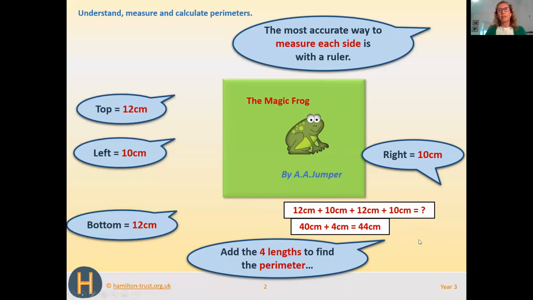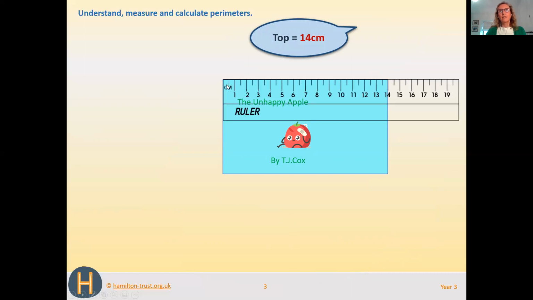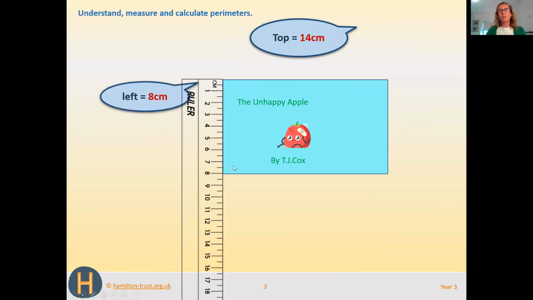So let's have a look at the next slide, and this is the unhappy apple. So let's have a look at how we can measure the perimeter of this. If we look at the top, we can see again the 0 at the beginning of the book, and this time we can see that it is 14 centimetres long at the top, and that the left hand side, we read down the scale, is 8 centimetres.